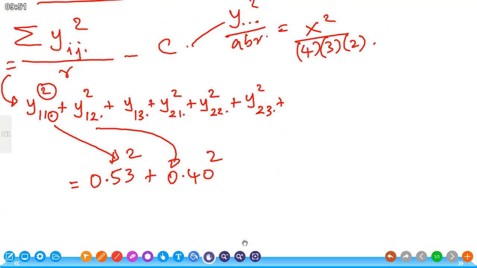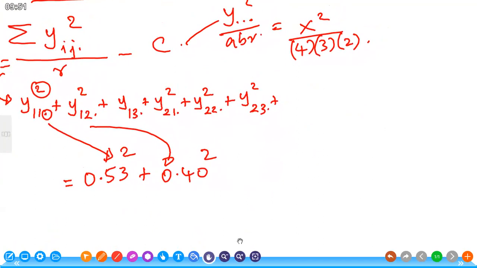I didn't stop this calculation. I started with y11 dot square, y12 dot square. Can you tell me what is next here?